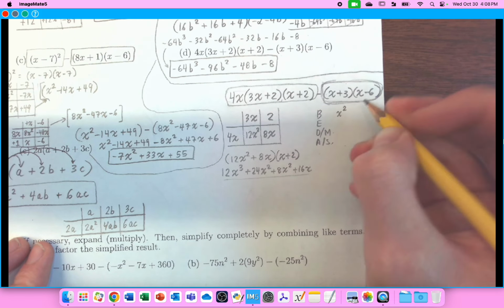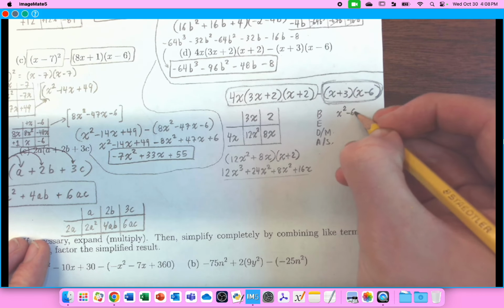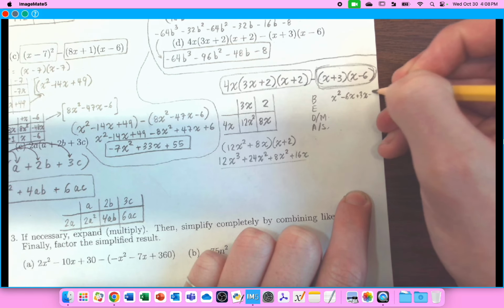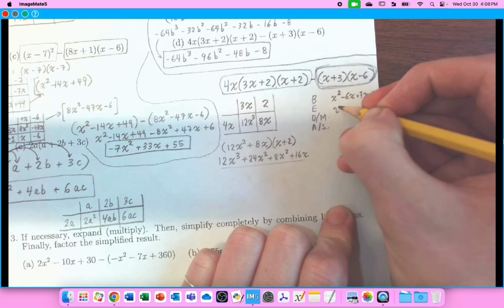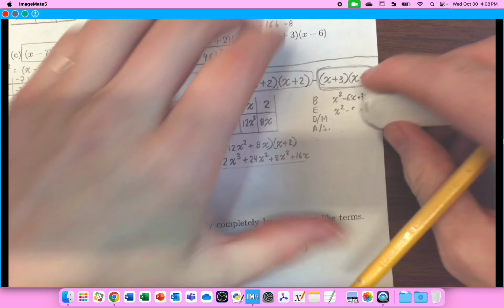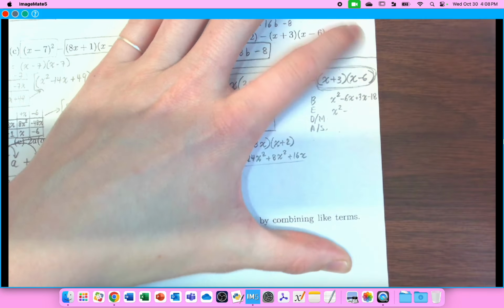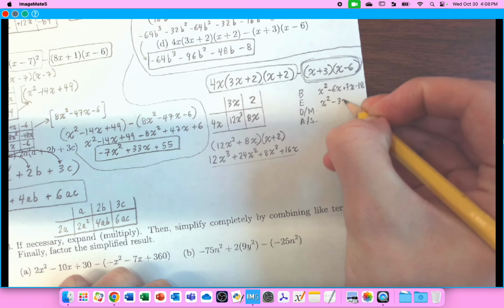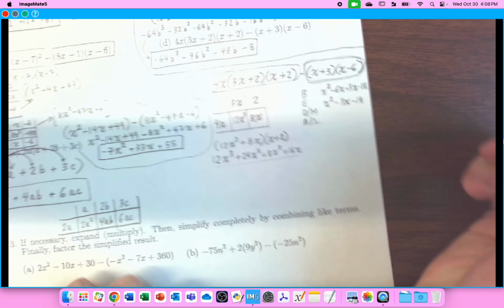x squared minus 6x plus 3x minus 18. x squared minus 3x minus 18.